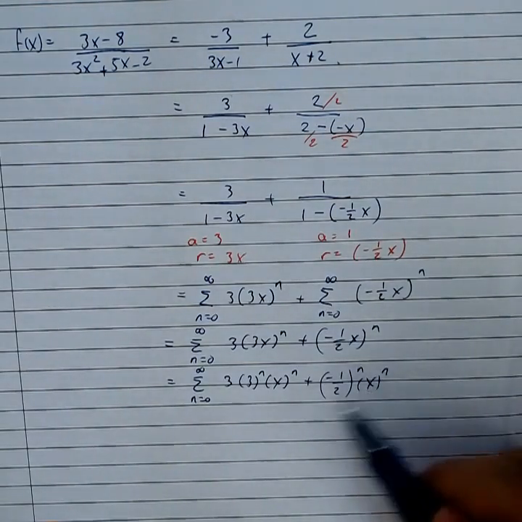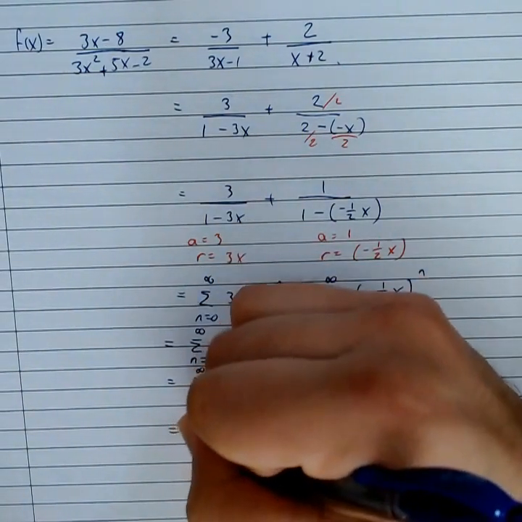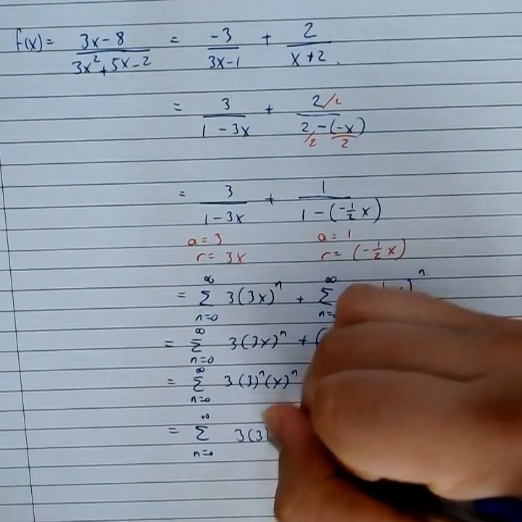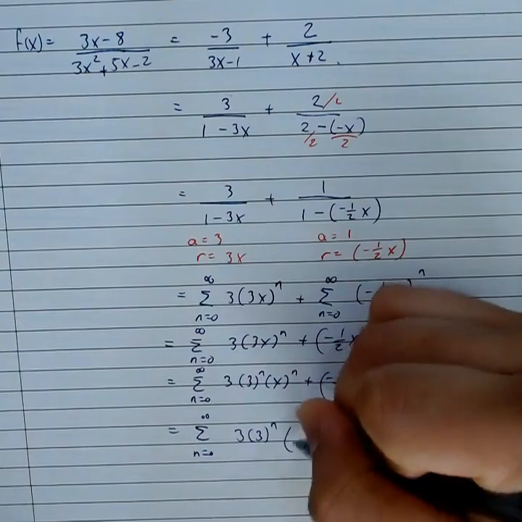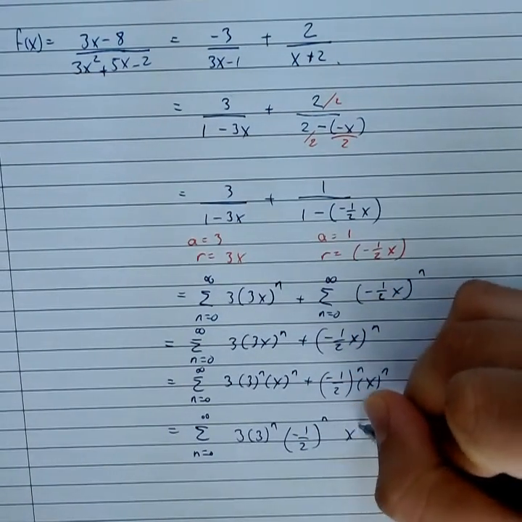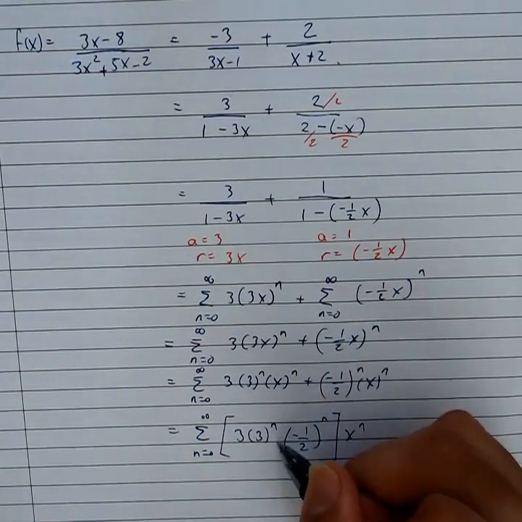But now I notice x to the power n is common, so I can write this as the sum as n goes from 0 to infinity of 3 times 3 to the power n plus negative 1/2 to the power n of x to the power n. Like this. Oh, sorry, that should be a plus right there.